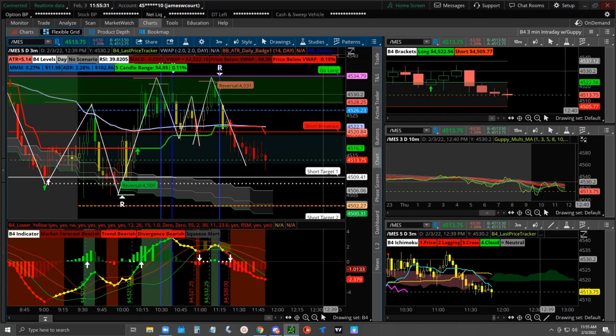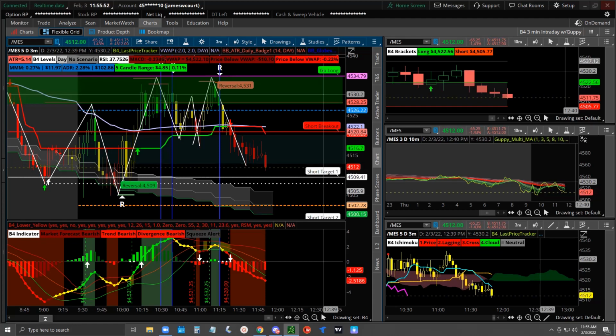This could continue to come down. So the stop should be there, and it should be sitting there, and you shouldn't be fiddling with it. There's still no bull bar. So the market hasn't reached the demand zone yet or found any buyers around it yet. So it can still continue to drop.